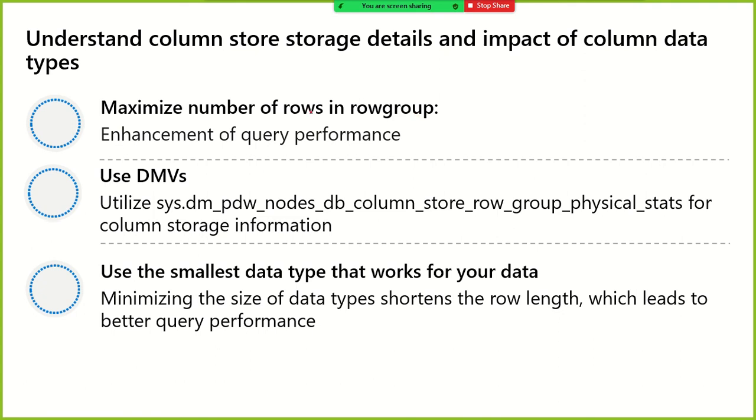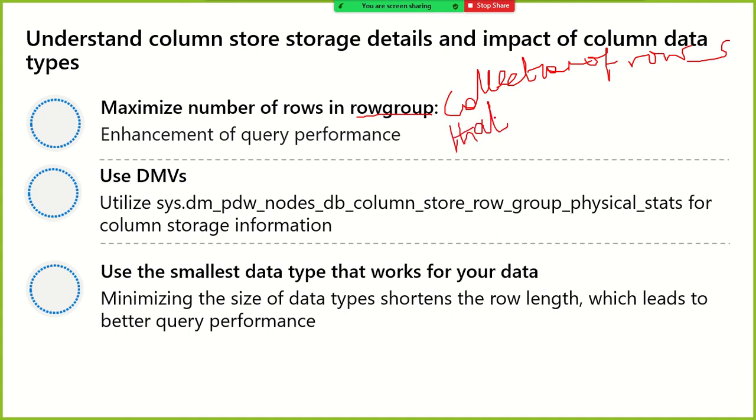When you maximize the number of rows in a row group, that also will enhance your query performance. What is a row group? A row group is just a collection of rows that share the same feature in the data.